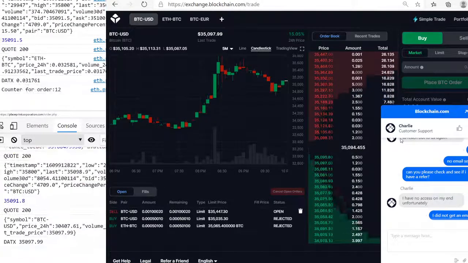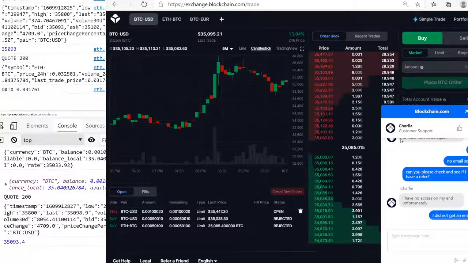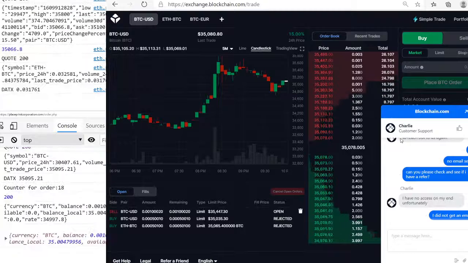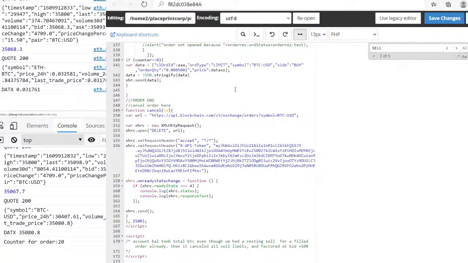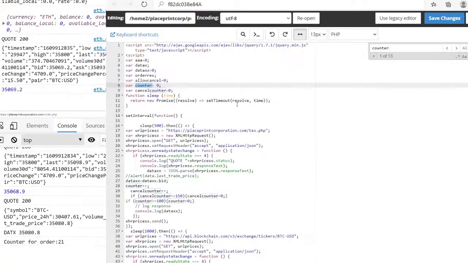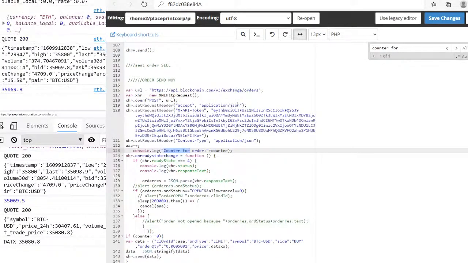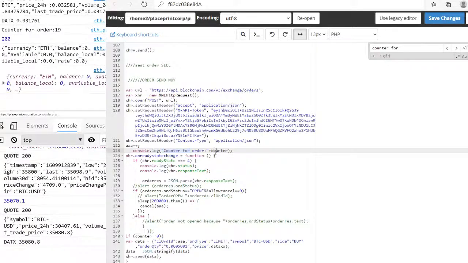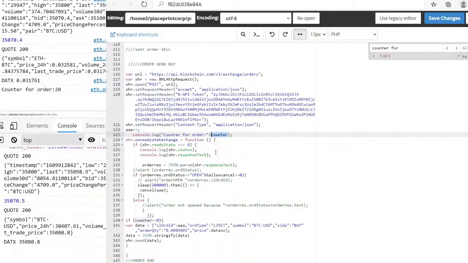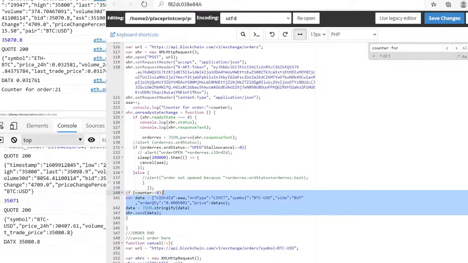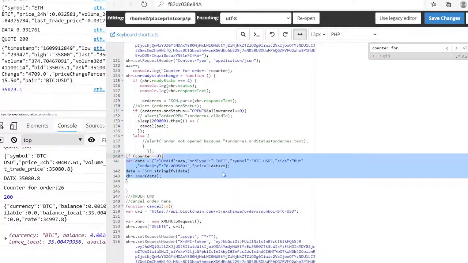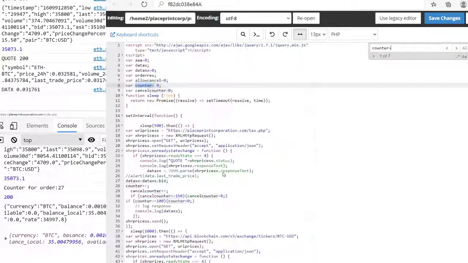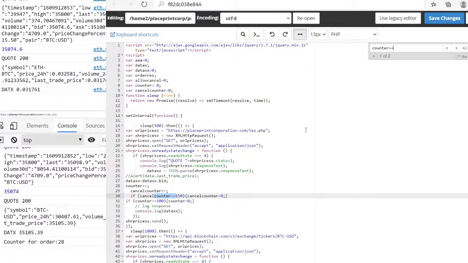The cancel counter is different than the counter for order. Counter, yeah, that's different. So, if counter is 0, counter equals, I just want to make sure they're not refreshing.